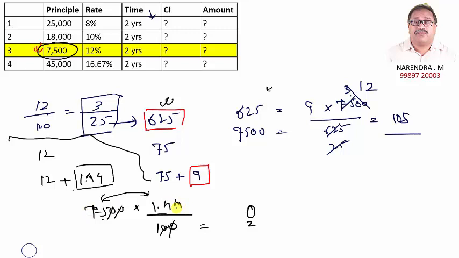So 70 plus 28 is 98, and 98 plus 2 is 100, carry 10, and then 14 7s are 98, and 98 plus 10 is 108. Okay, so here the decimal comes, because after the decimal 2 digits are there.